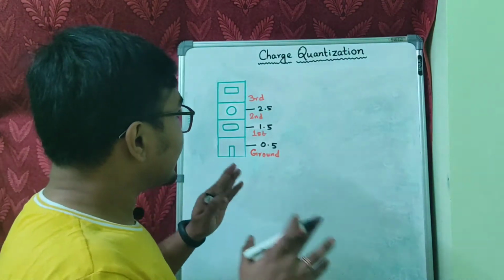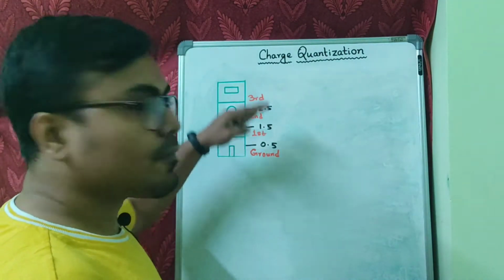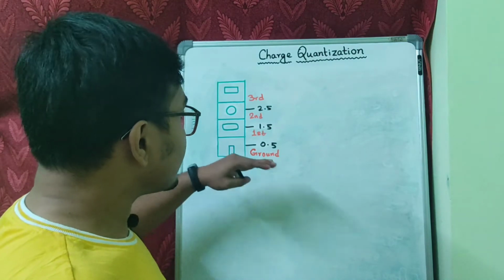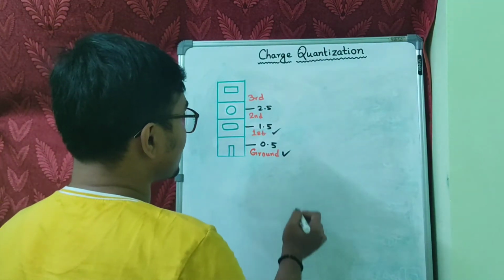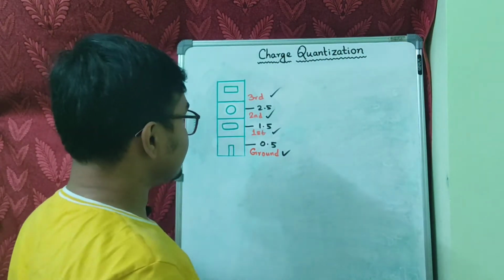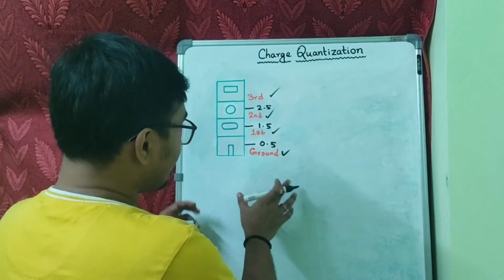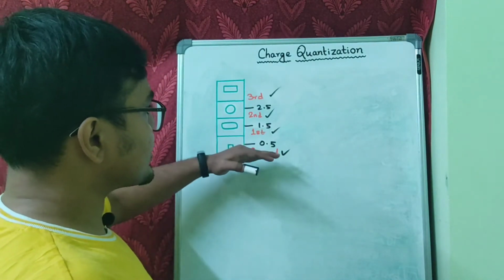No, it cannot. So the floor of the building must follow this quantization rule: either ground floor or first floor or second floor or third floor.